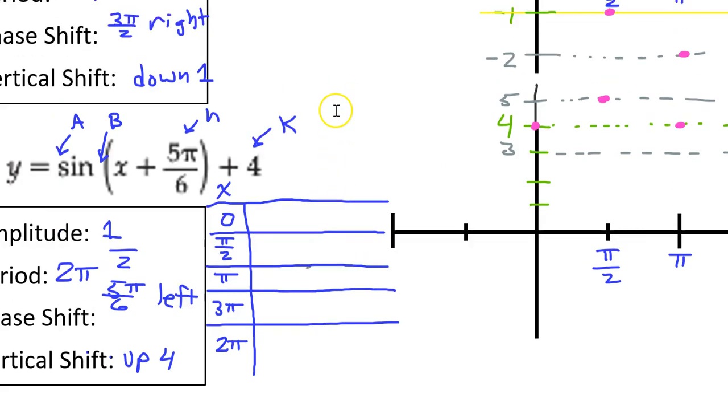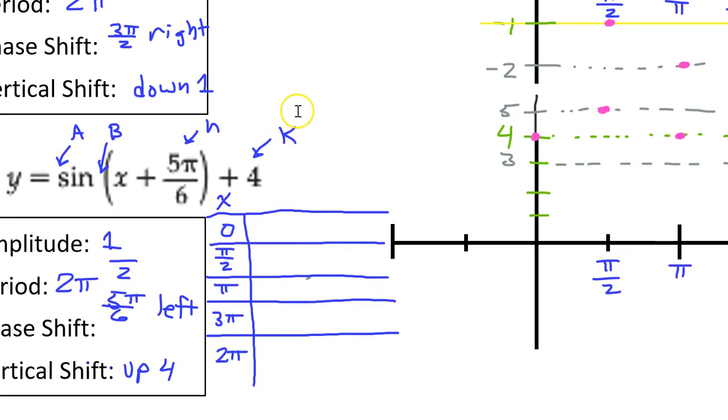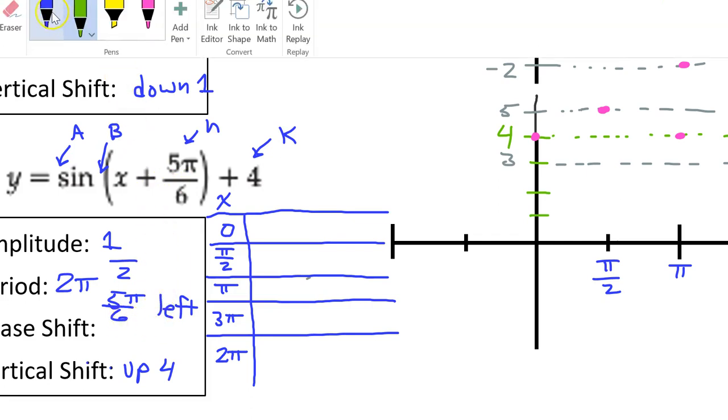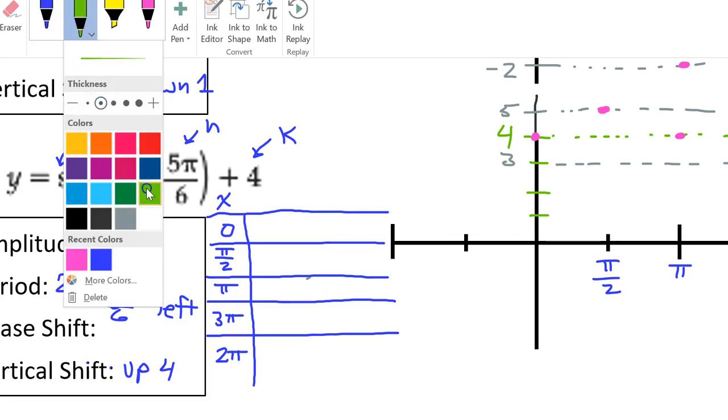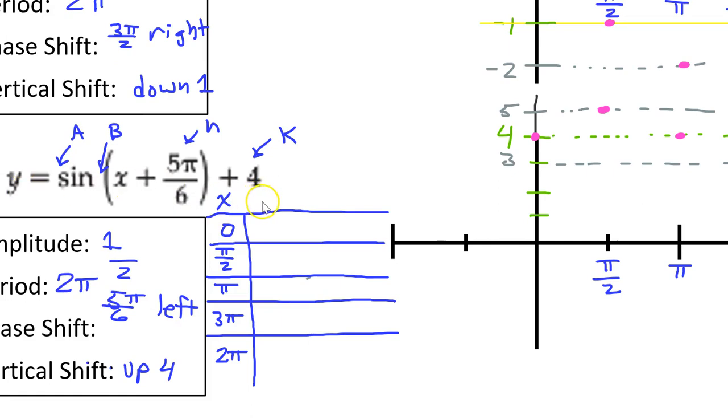But there is a phase shift, and the phase shift is 5 pi over 6 to the left. Alright, we needed to go 5 pi over 6 to the left. Alright, now this is complicated enough that I think it's a good idea to go ahead and make a table of values. These numbers are going to be very awkward.